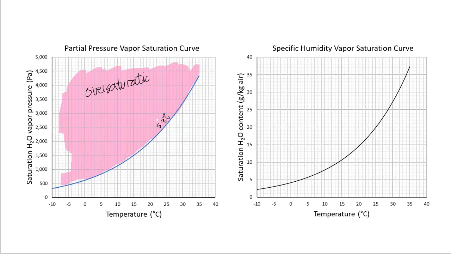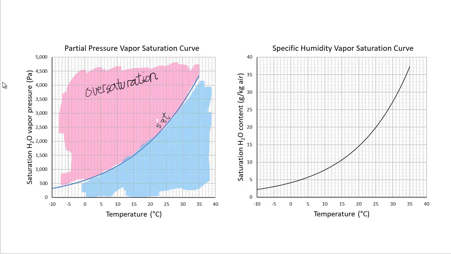The same thing applies to the graph on the right, where we measure water vapor concentration in terms of its mass. And then below the line here, in some shade of blue, this represents the state of undersaturation. So down here, the air contains less water vapor than it can in theory carry. It could carry more. So if the air mass plots down here in the blue region, then it is undersaturated.